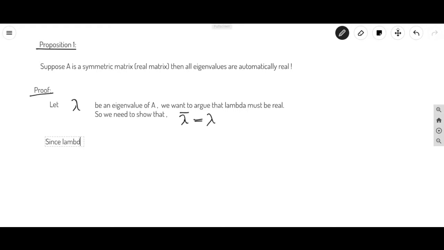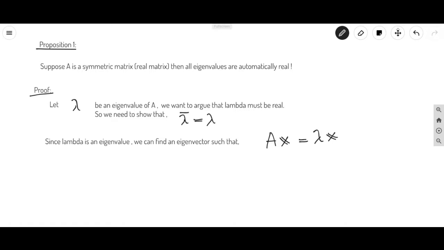Since lambda is an eigenvalue, we can find an eigenvector such that Ax, if you do A multiplied by x, would be equal to lambda x.